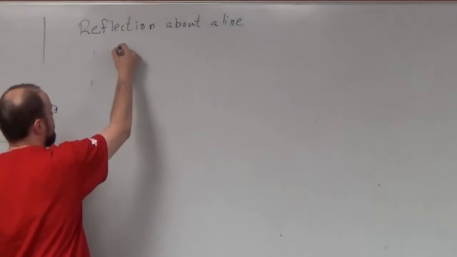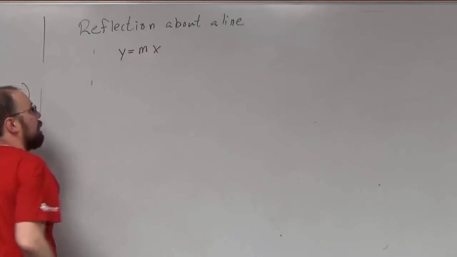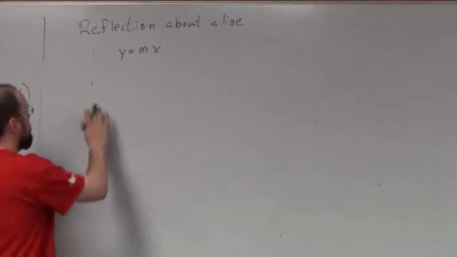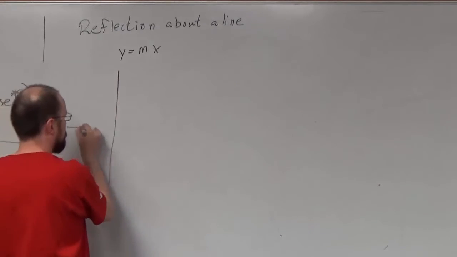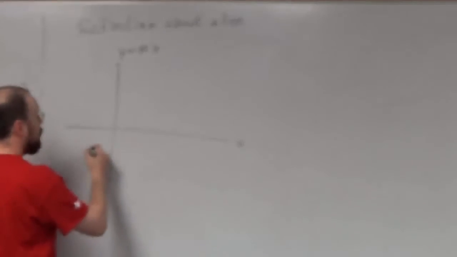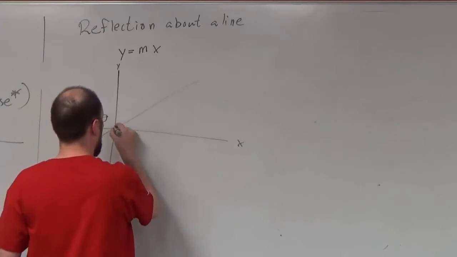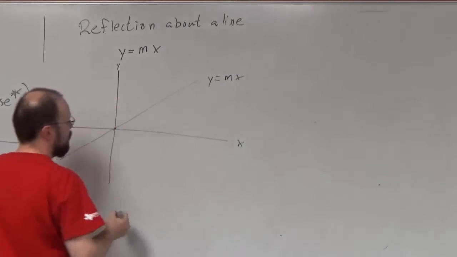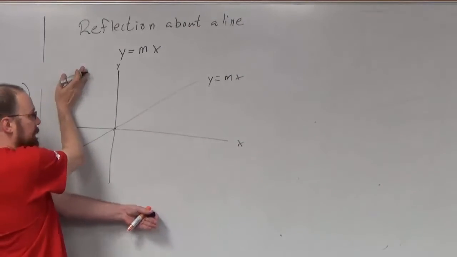So imagine we have not a vertical line. Let's just say we have y equals mx, right? So this has to be a line through the origin, by the way. Here's R2. Here's some line with a slope. Now what we want to do is simply reflect the plane about that line.